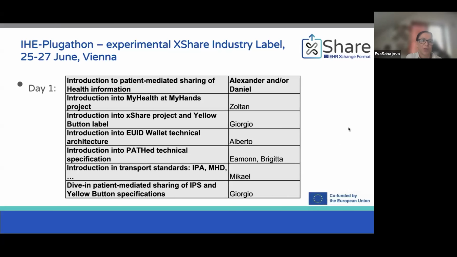Then we had an introduction to the already mentioned project My Health at My Hands, delivered by Zoltan Lantos. Then we had the introduction to the xShare project and the yellow button label by Giorgio Cangeli, and Alberto Zanini provided a presentation on the EUDI wallet technical architecture.